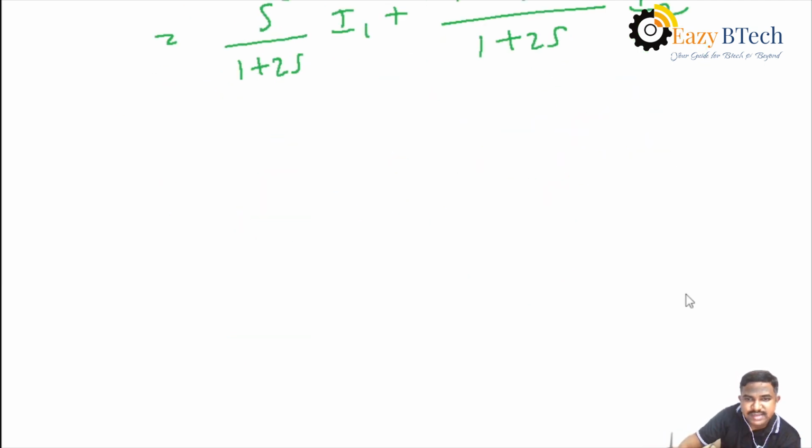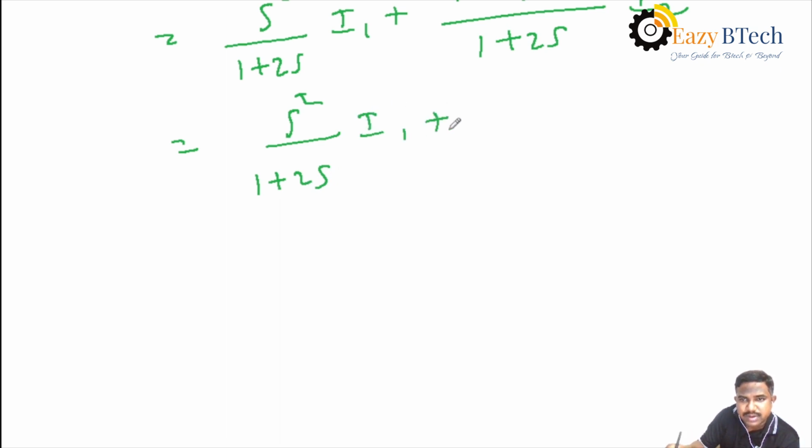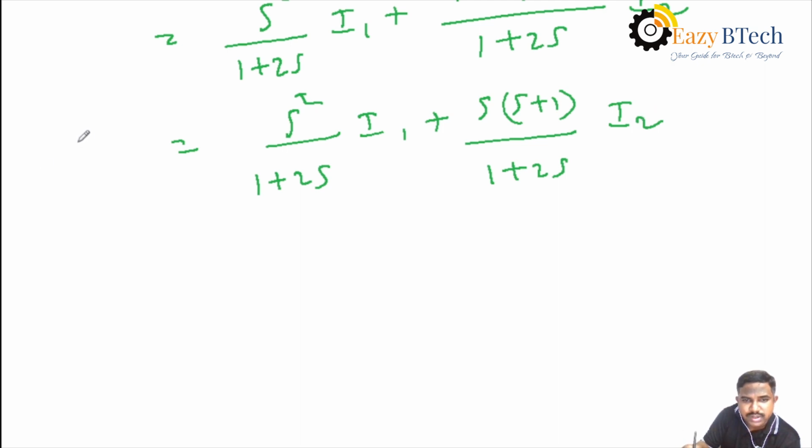Then you can simplify the equation: S square by 1 plus 2S I1, and 2S square minus S square is S square, so the common factor is S into S plus 1 by 1 plus 2S into I2. So this is the V2 equation.